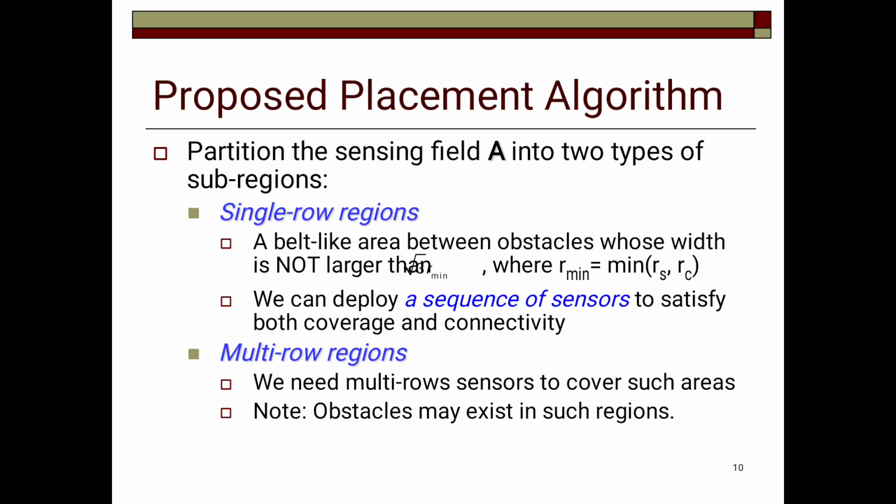Partition the sensing field A into two types of subregions. Single row regions are a belt-like area between obstacles whose width is not larger than root 3 R min, where R min is the minimum of Rs and Rc. Whichever is minimum, that is taken. We can deploy a sequence of sensors to satisfy both coverage and connectivity.